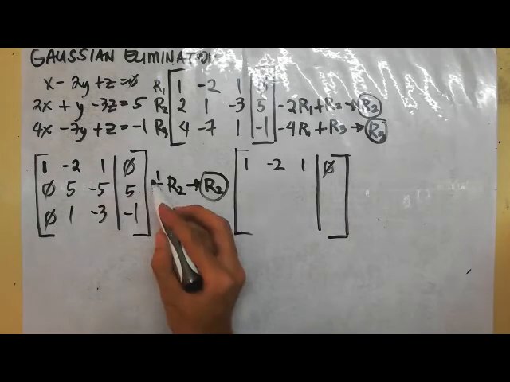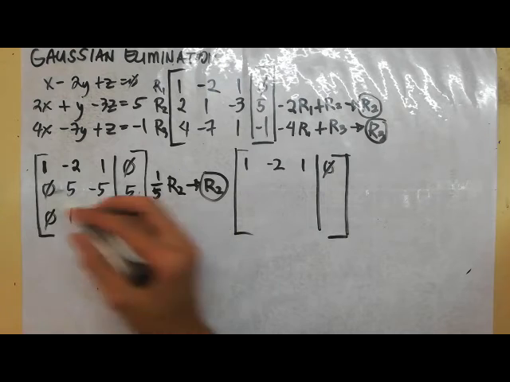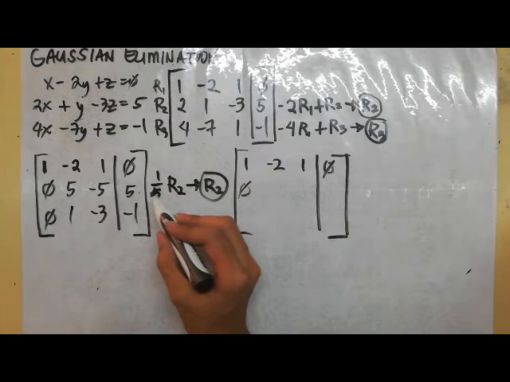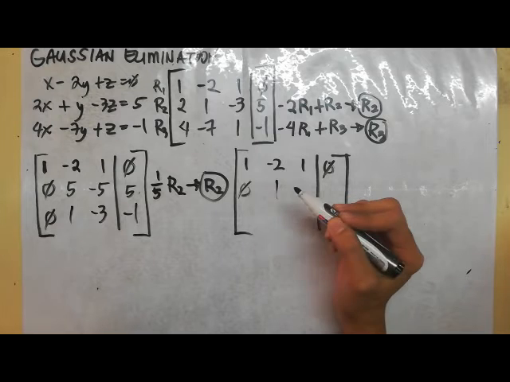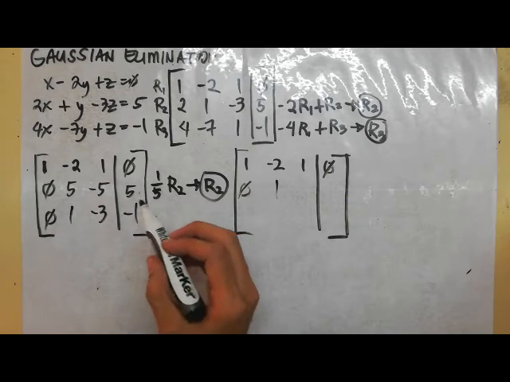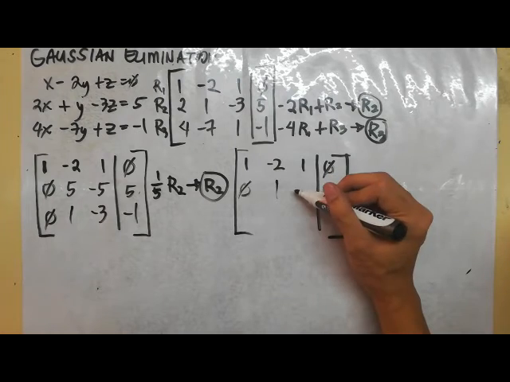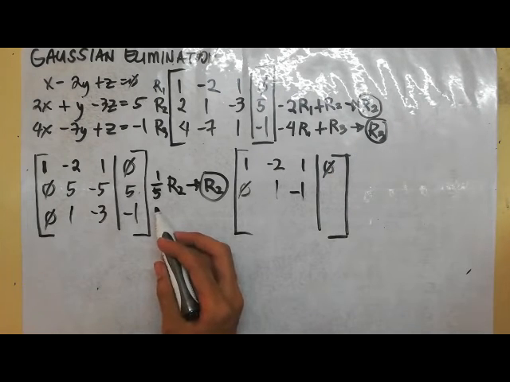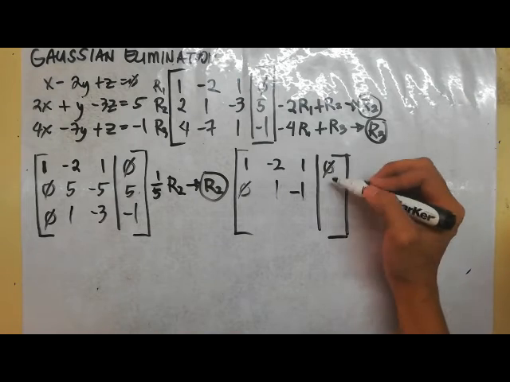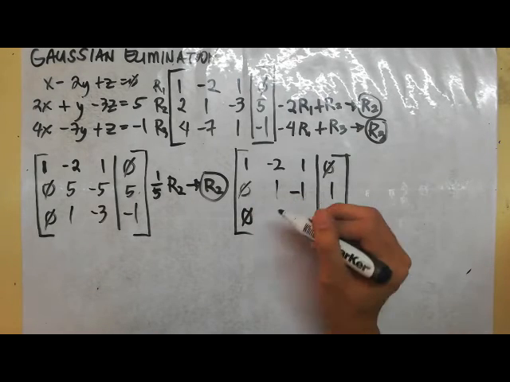Then 1 over 5 multiplied by R2, which is 0, so we have 0. 1 over 5 multiplied by R2, which is 5, so we have 1. 1 over 5 multiplied by negative 5, so we have negative 1. And last, 1 over 5 times R2, which is 5, so we have 1. Copy.